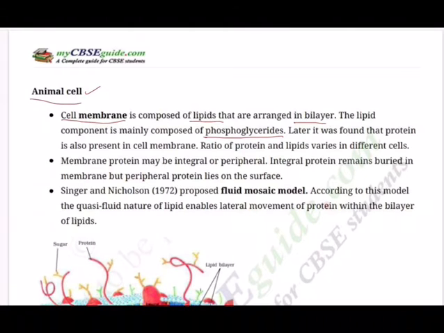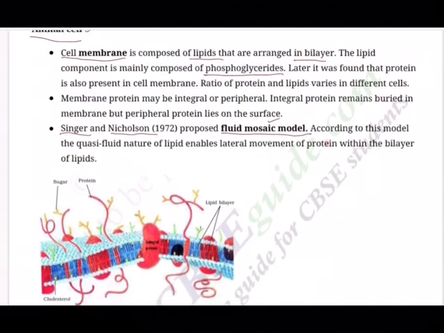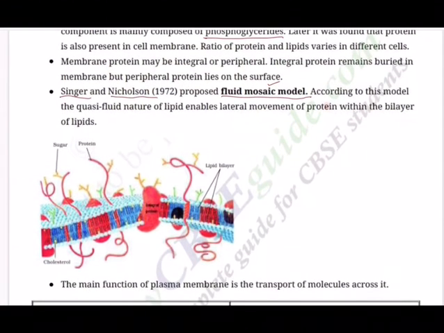So basically the cell contains a cell envelope, and we must be thankful to two scientists, Singer and Nicolson, who in 1972 proposed the fluid mosaic model. This is very famous. According to this model, the quasi-fluid nature of lipid enables the lateral movement of protein within the bilayer of lipids.